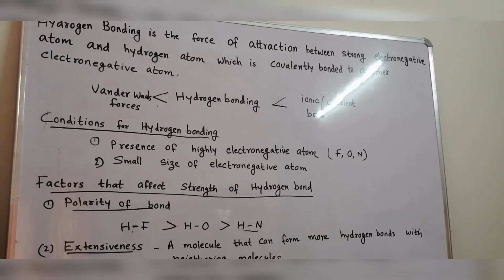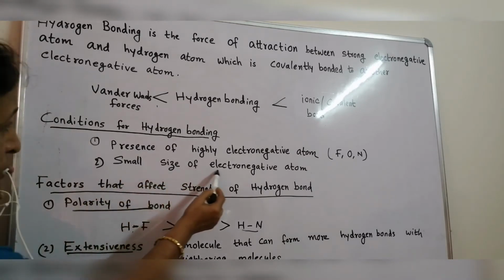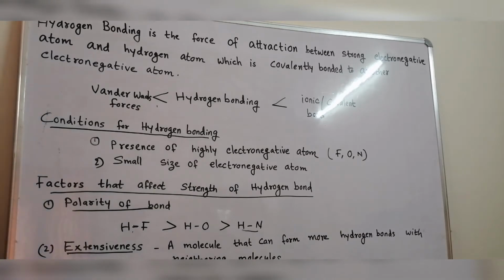Fluorine, oxygen and nitrogen have high electronegativity values, there is a large difference in electronegativity values, and the electronegative atom is small in size. We know that these elements at the right side of the periodic table have small size compared to other elements.